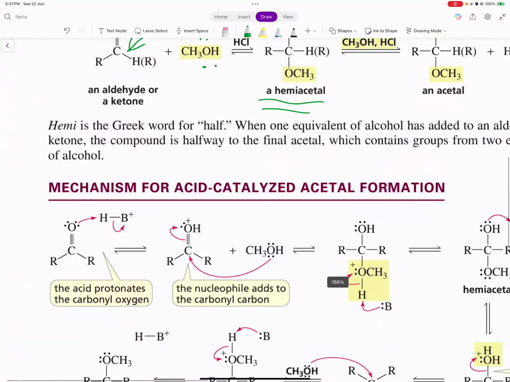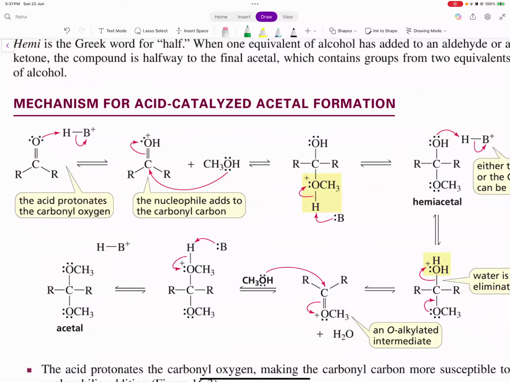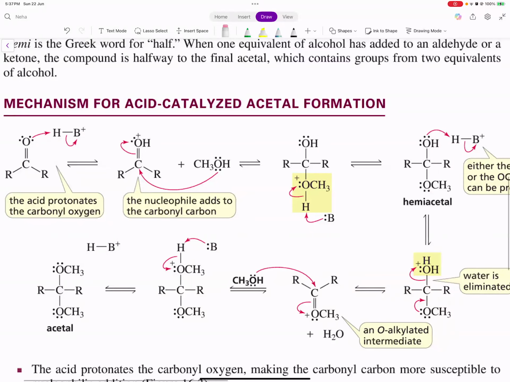See here, the first step: whenever there is acid, first it will protonate the oxygen, right? And then nucleophilic addition has taken place till here. This nucleophile is coming here. So till here it is clear.